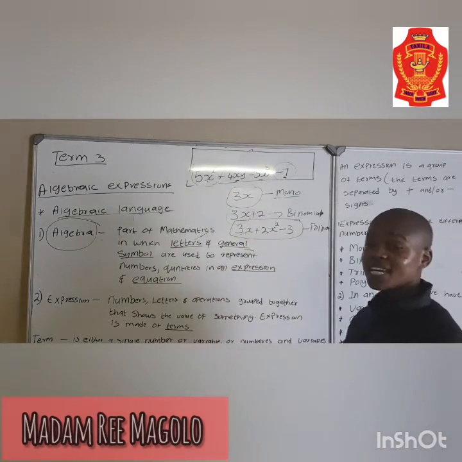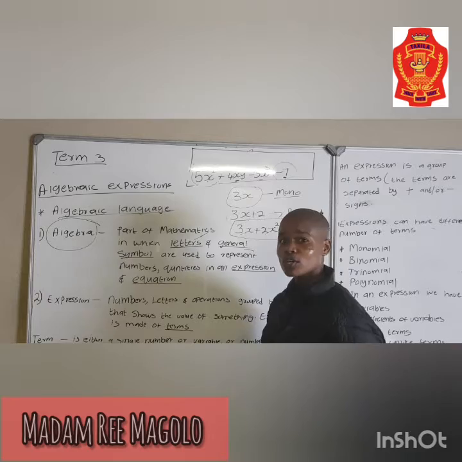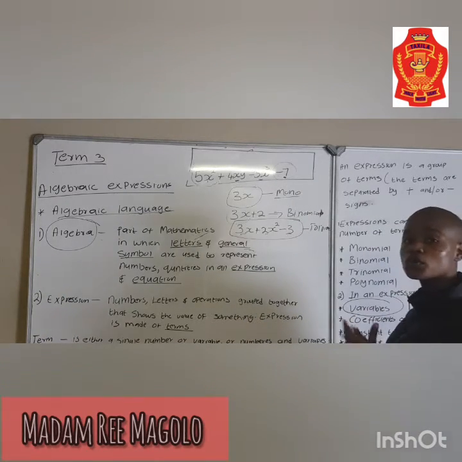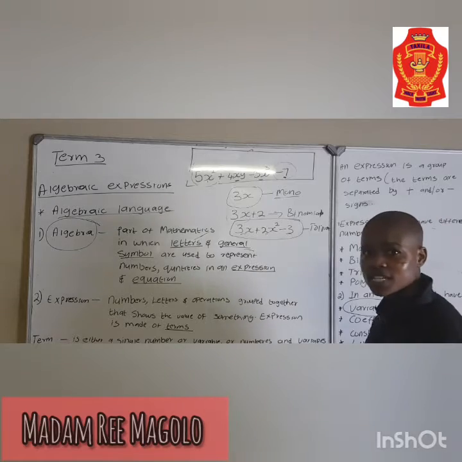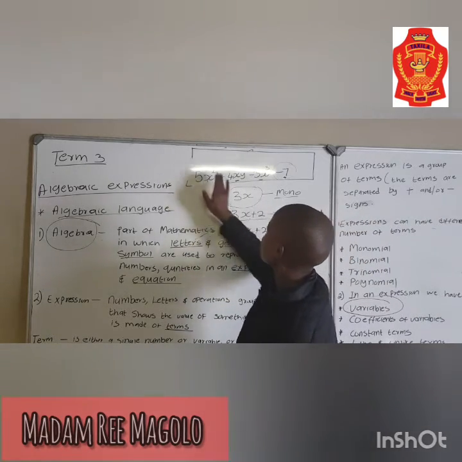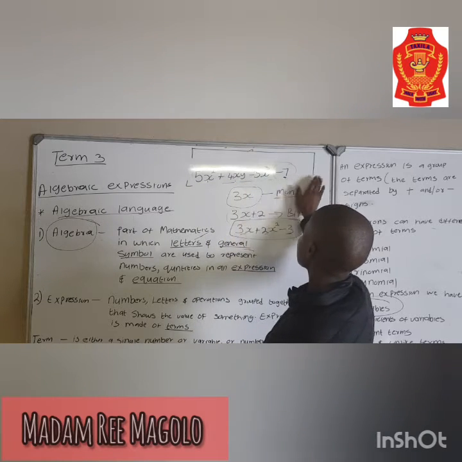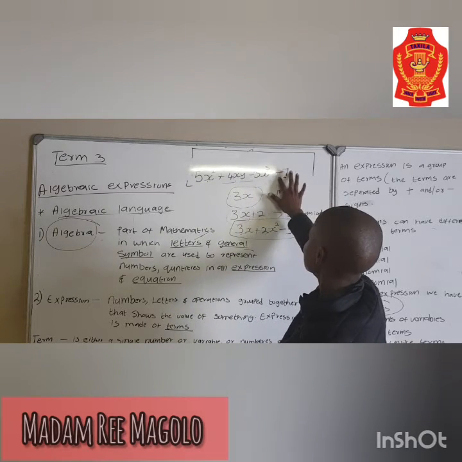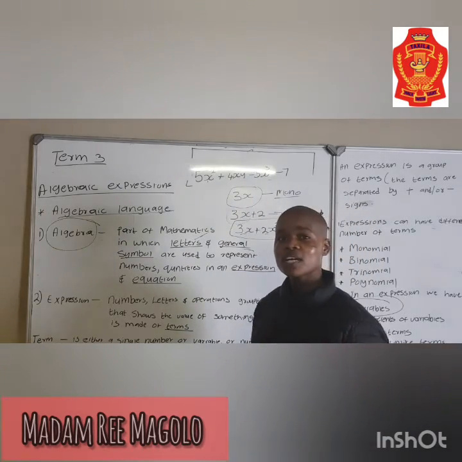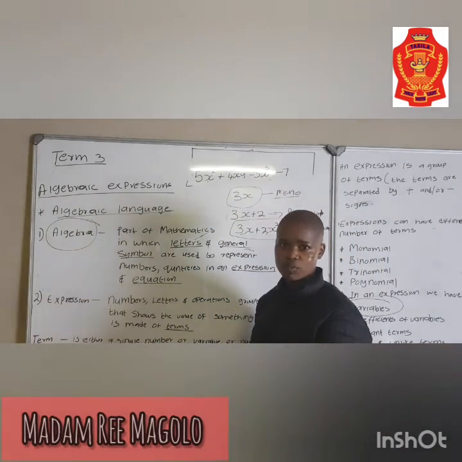Then in an expression, boys and girls, we have variables, we have coefficients, we have constant numbers. Now let us look at our original expression. I said we have variables. Variables are the letters that you find in an expression.